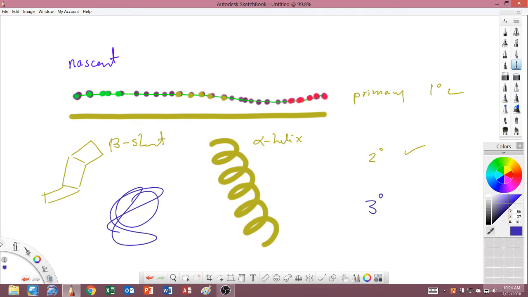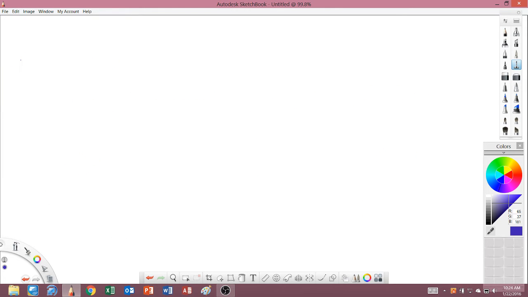Okay, so this is the primary structure of protein, secondary, tertiary. Now, quaternary structure is when you have multiple polypeptides attached to each other. Let's do this.